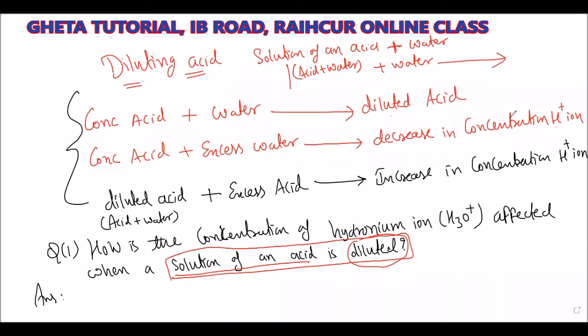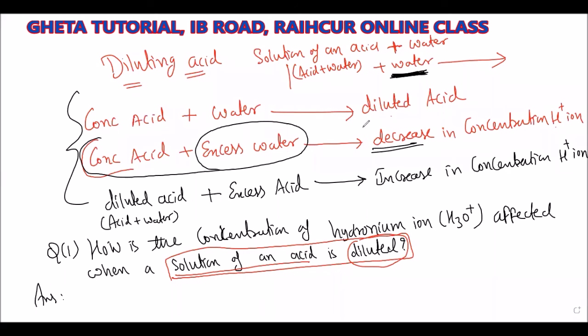Decrease in concentration of H plus. Yes, the second point I have given here: whenever you are adding water, whenever the acid is diluting, in that case the concentration of H plus ion decreases.